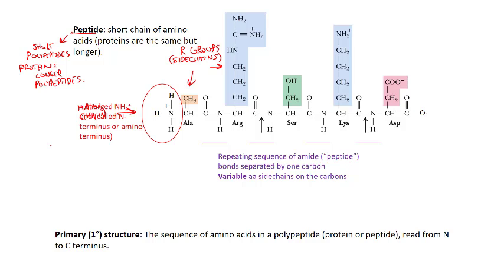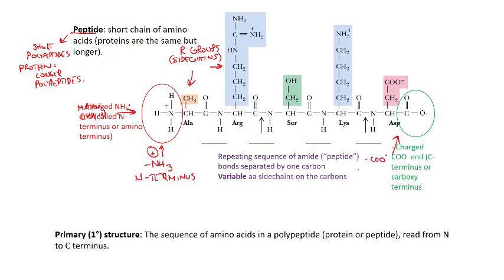And each polypeptide has an end with a free amine, which we call the N-terminus, and an end with the free carboxylic acid, which we call the C terminus. And we refer to the sequence of amino acids as the primary structure.